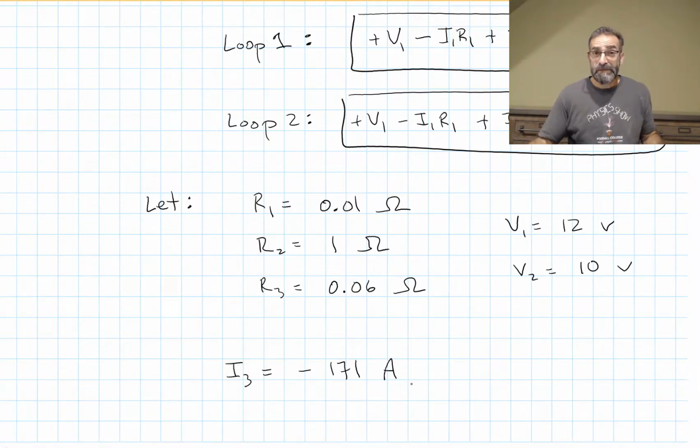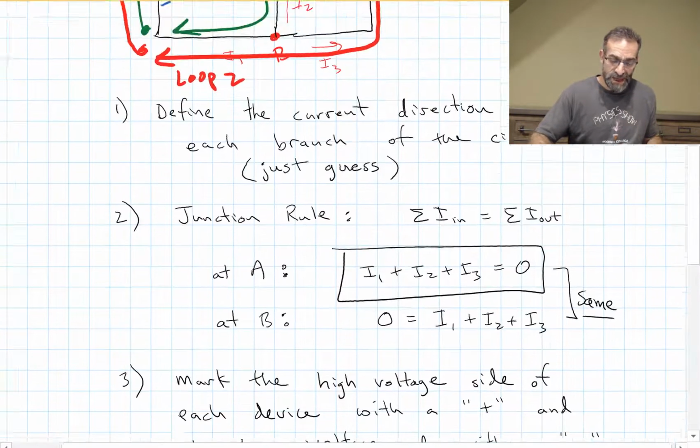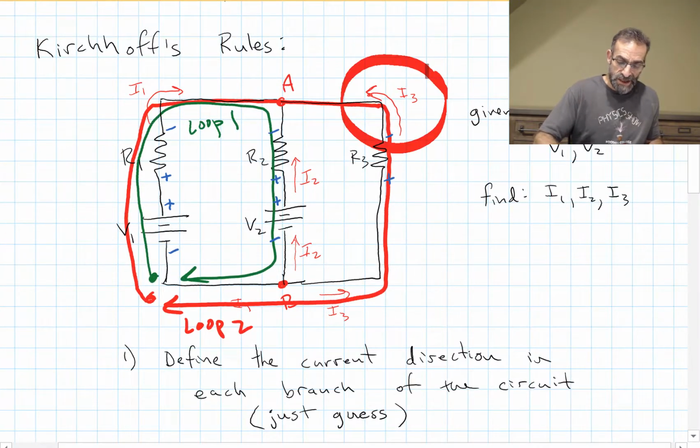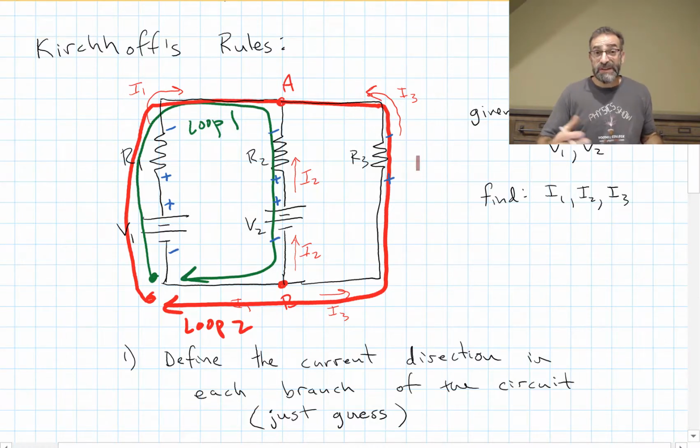So that tells me that I picked the wrong direction for I3. And I knew that when I was picking it, right? I kind of knew that this was not going to be the right direction, but I picked it anyway. So now my equation just confirmed that. By getting a negative value for my current, I know it actually goes in the opposite direction.